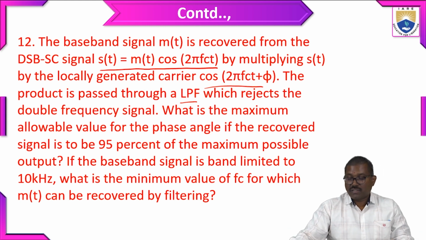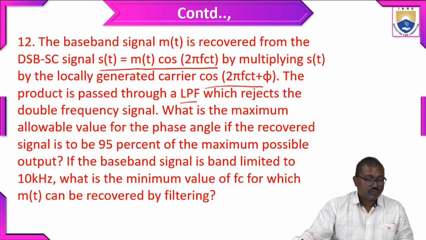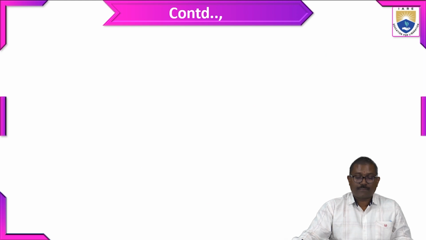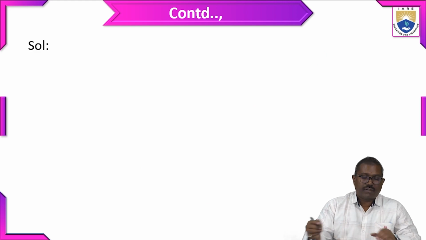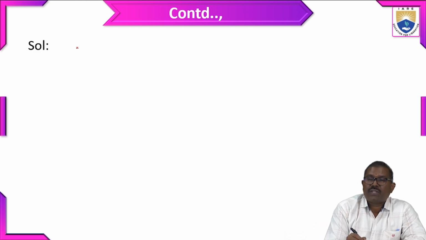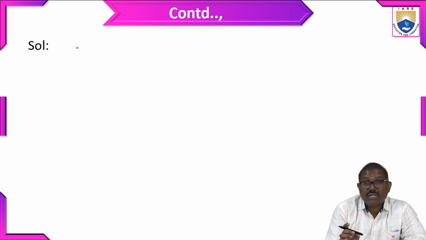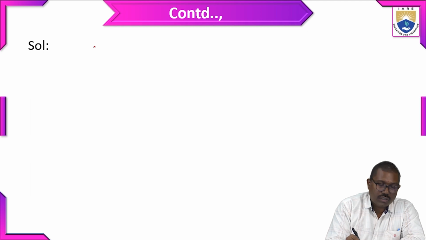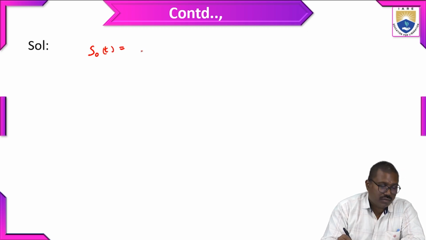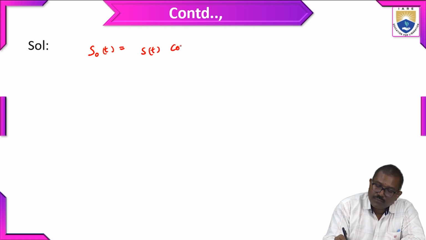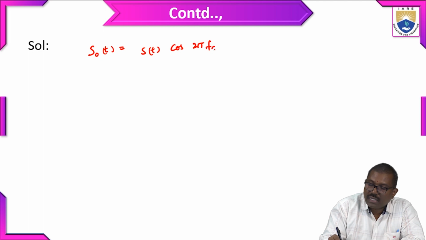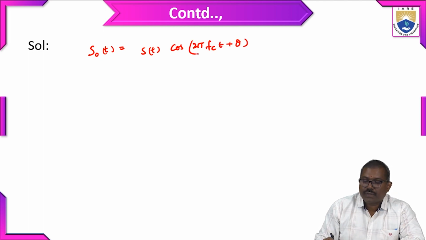So this is the given problem. We are going to solve this one. First, the product signal. The DSB signal is multiplied with the carrier, so we call it the product signal. The product signal is s0(t). So s(t) is multiplied with cos(2πfct + θ).